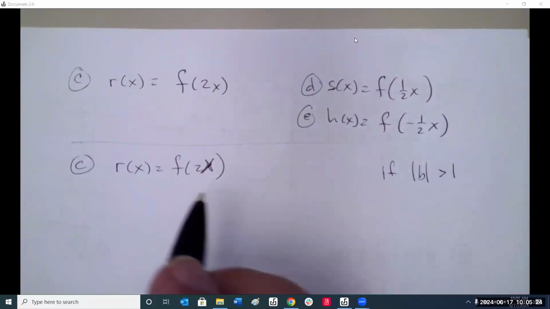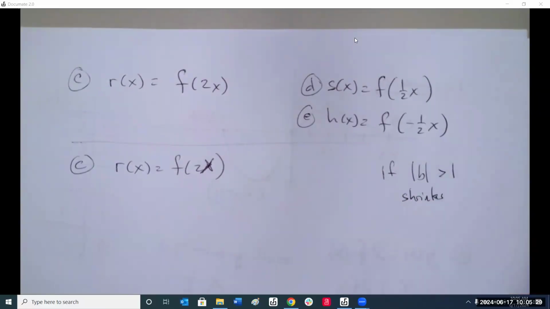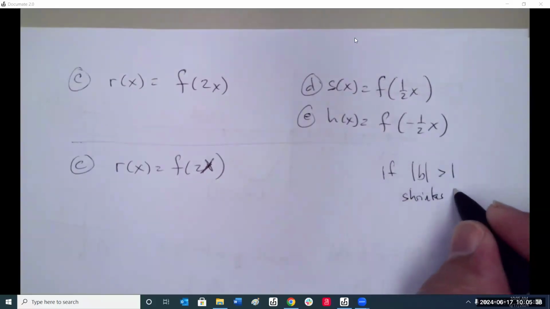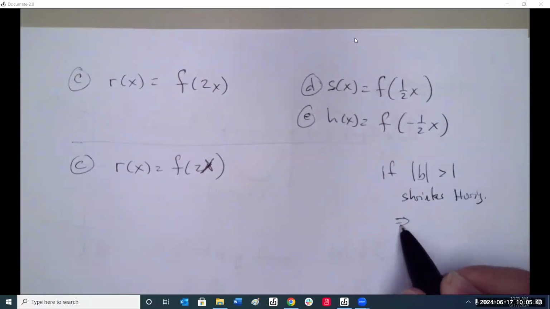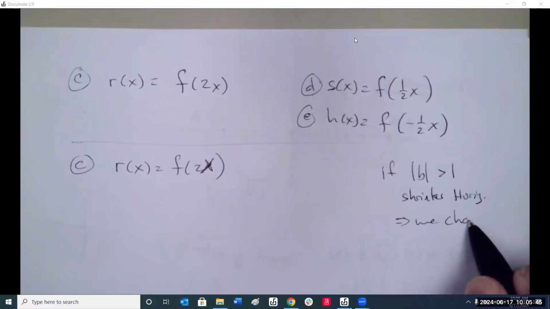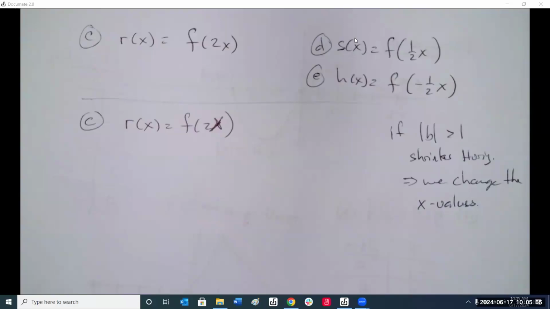Yeah, because it's opposite. You don't multiply by 2, it shrinks. Horizontally or vertically? Which one? Horizontally. It shrinks horizontally, which means we change the x values.